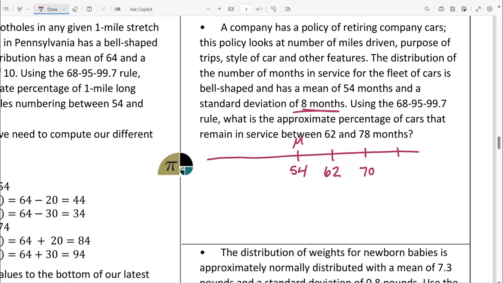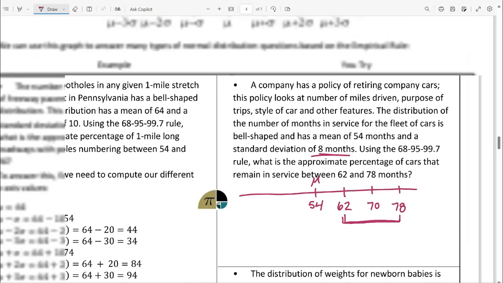I get 70 and 78. Okay, and again, that's just our bell curve. Well, that was terrible. Pretend that looks like a bell curve. But we're just looking at the axis because we need to figure out where 62 to 78 is.